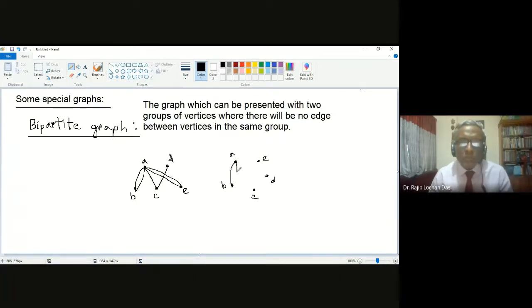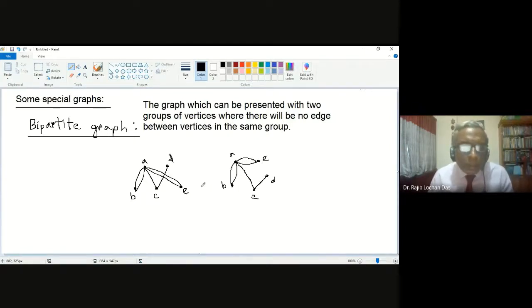AC connected, only one line, and CD connected, only one line. DE there is no connection, and E will have two connections with A. So E has two connections with A, isn't it?